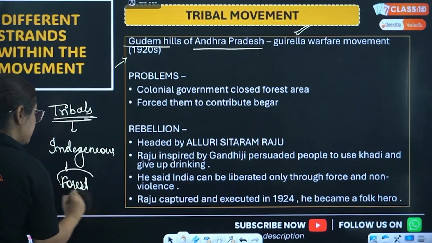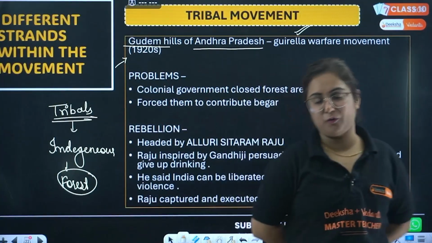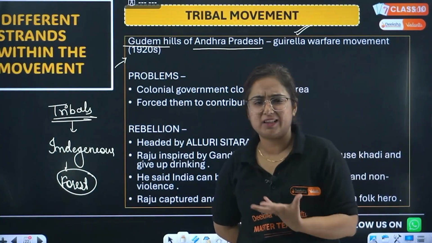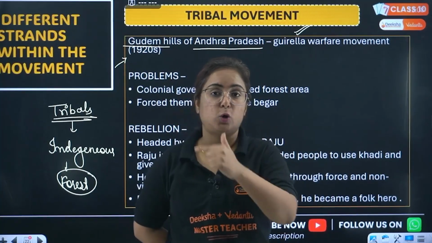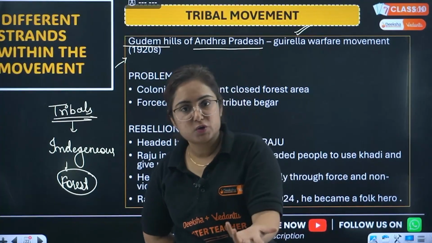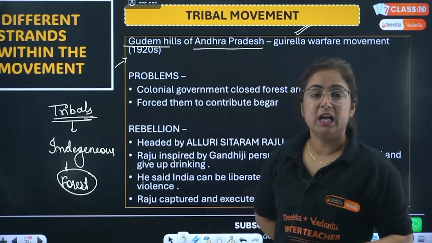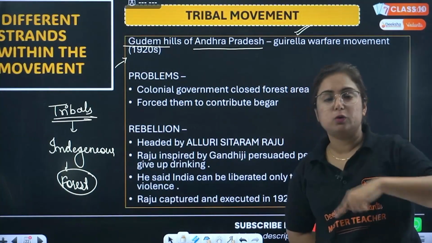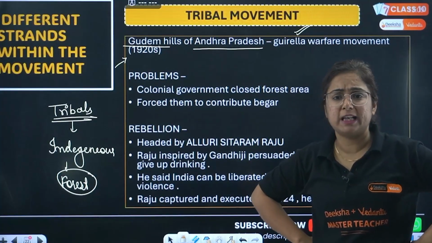As Britishers came to India, they wanted maximum benefit out of India, so obviously they needed to extract revenue. They targeted regions which have a lot of minerals, forest wealth, animal wealth, and anything else. In this region, they took control of those forests which belonged to tribal people, and the tribal people were unhappy.